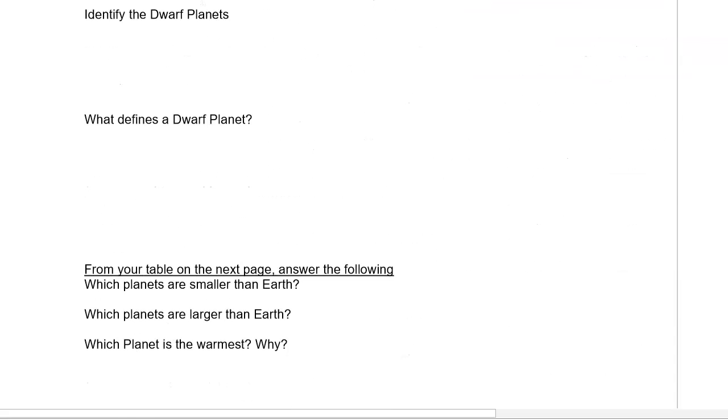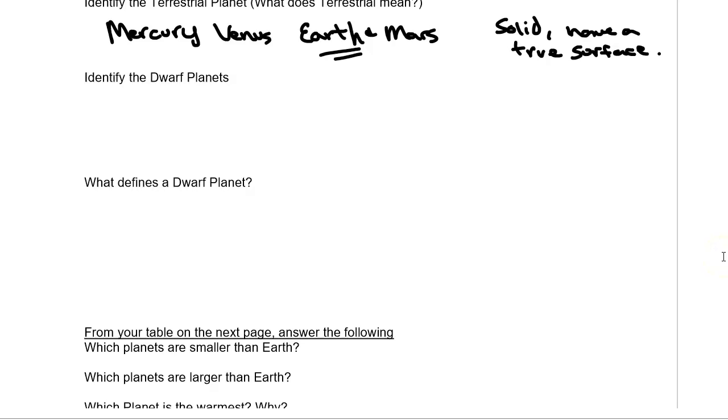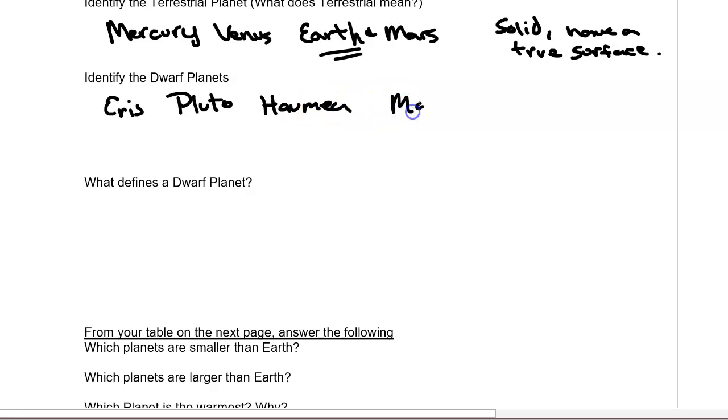So identifying the dwarf planets, there are in fact 5 major dwarf planets in our solar system. There are many others that have been discovered, but typically we say these are the major 5, the first 5 identified: Eris, Pluto, Haumea, Makemake, and Ceres.